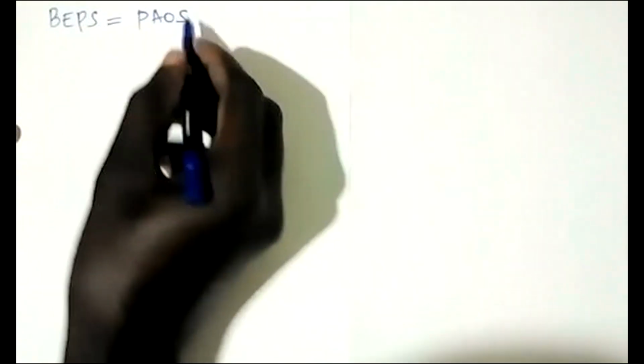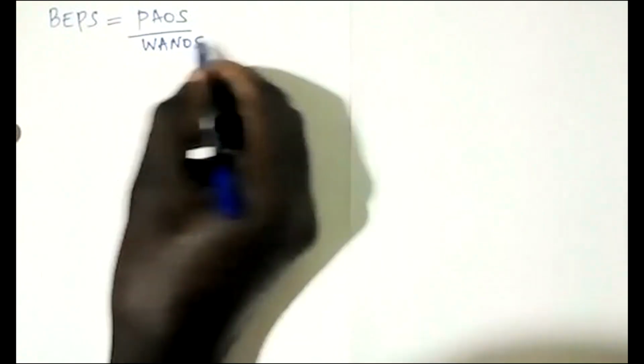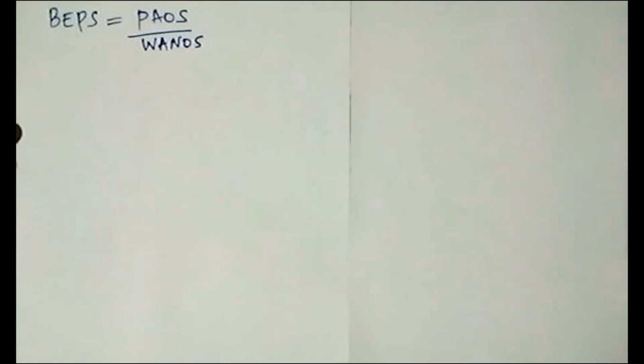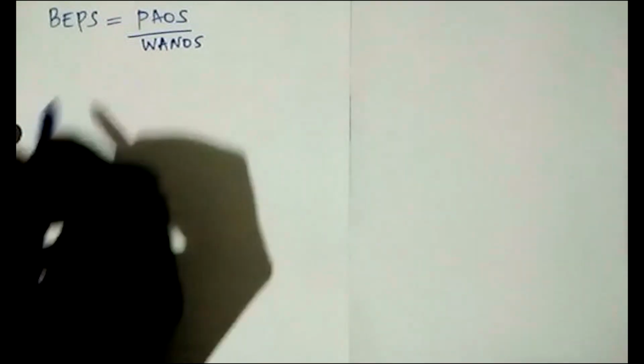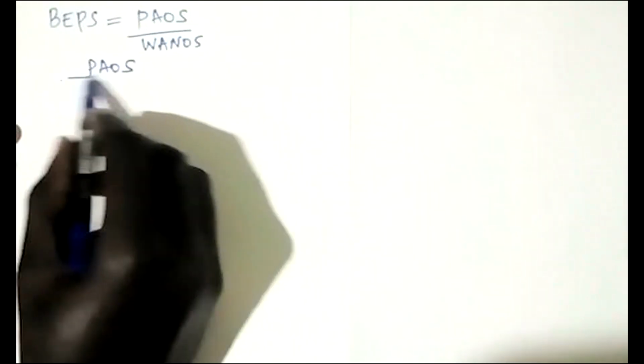It is all about the profit attributable to ordinary shareholders over the weighted average number of ordinary shares. So how are you supposed to get your profit attributable to ordinary shareholders?